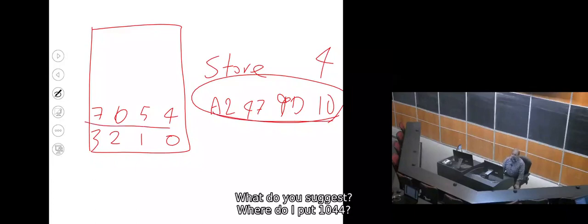How do you store it? You suggest. There are 4 bytes with 4 addresses. Where do I put 10? In 4. Where do I put 9D? Just consecutively. Okay, perfect. 9D, 47, and 82.